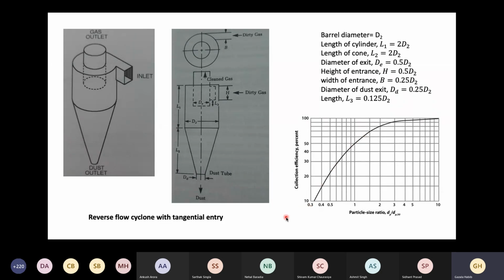Is that clear? So dp is the given particle diameter, and dp50 is the diameter of the particle for which the collection efficiency is 50% for a given cyclone. So if d by d50 is known, then you can calculate the collection efficiency of the cyclone for a given size particle.